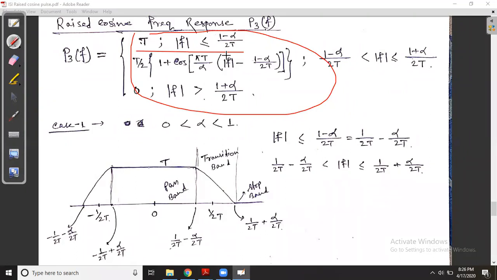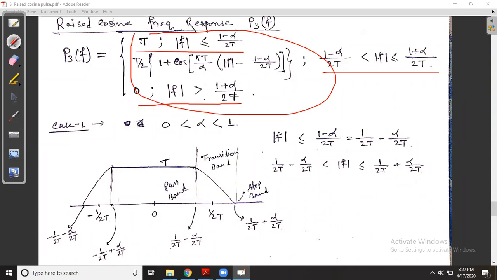That is, f will be equal to plus minus 1 by 2t, or mod of f is nothing but 1 by 2t. If you put the same value of alpha 0 in this equation, we get the same thing.